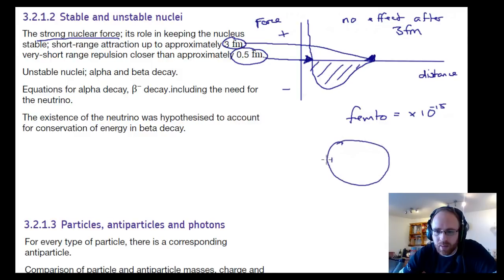So if we think about a larger nucleus, I'm not going to draw all the bits. If I think about a proton over here and a proton over here, then everything surrounding this proton is pulling it into the nucleus by the strong force.